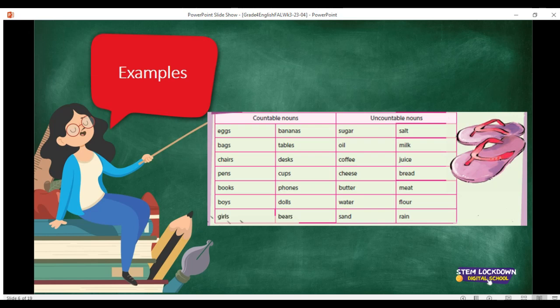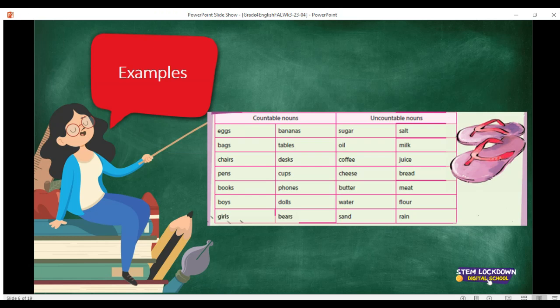But now with uncountable, I only have it in the singular because there's only one. So sugar, I can't say I'm going to put 2 sugars in my coffee. I can say I'm going to put 2 spoons of sugar, but I can't say sugars. Then we've got salt, oil, milk, coffee, juice, cheese, bread, butter, meat, water, flour, sand, and rain.